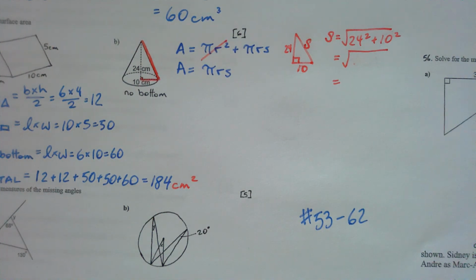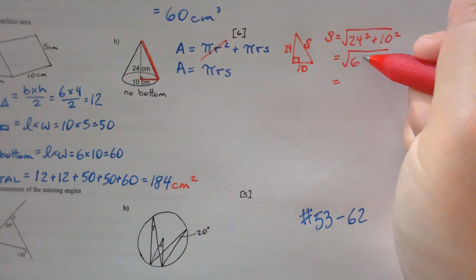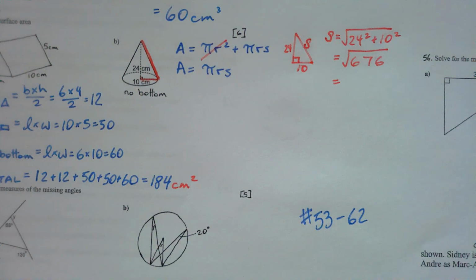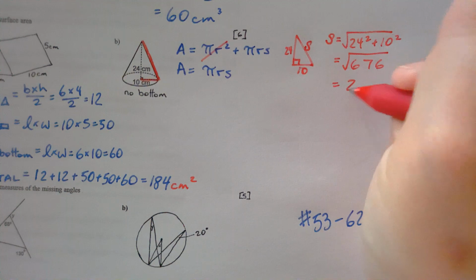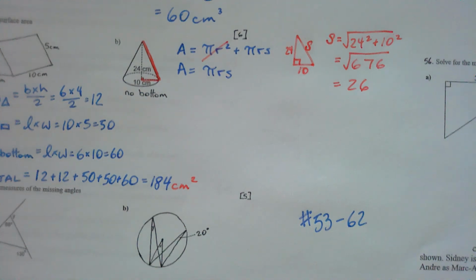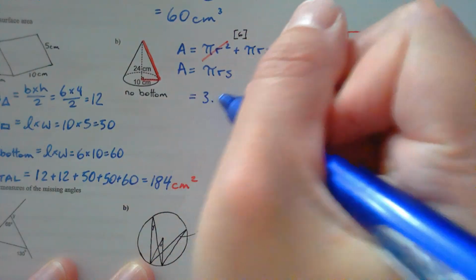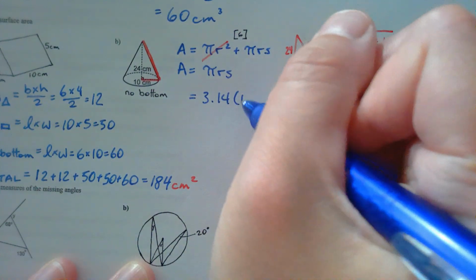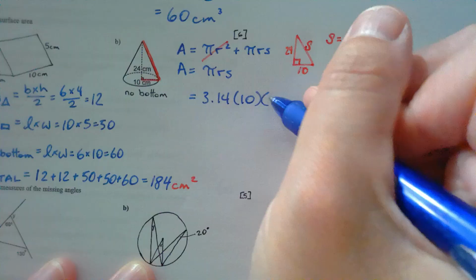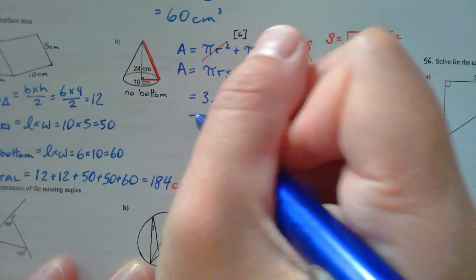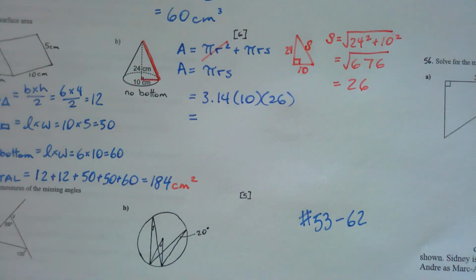So 24 times 24 plus 100, 676. When you square root it, you get 26. That makes more sense. Now subbing it back in, 3.14 times your radius, which is 10, times the s, which is 26. On the exam, it will say to use 3.14 for pi.